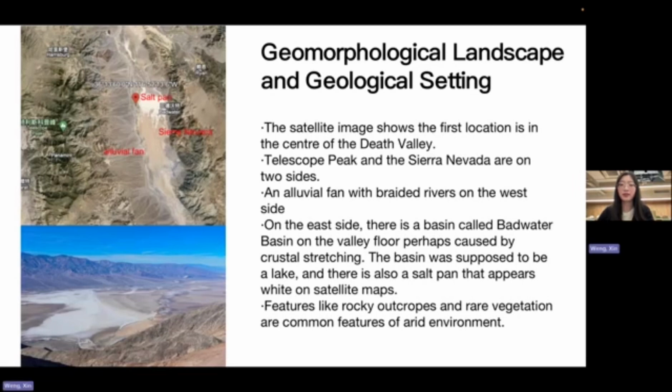On the valley floor, perhaps caused by crustal stretching. The basin was supposed to be a lake. Now there is a salt pan that appears white on satellite maps. In the second picture, we can see the rocky outcrops and lower vegetation represents arid environments.